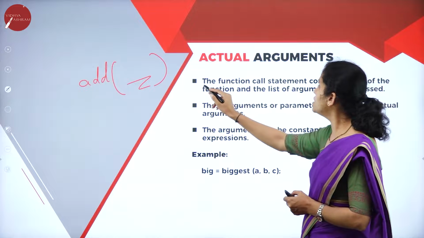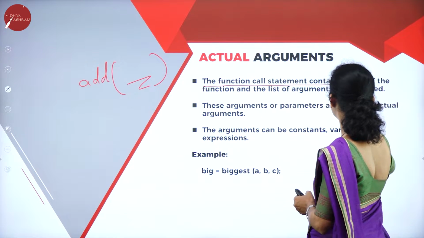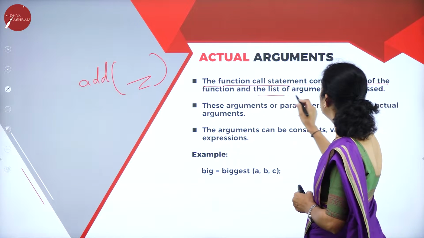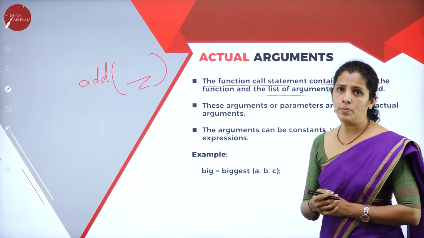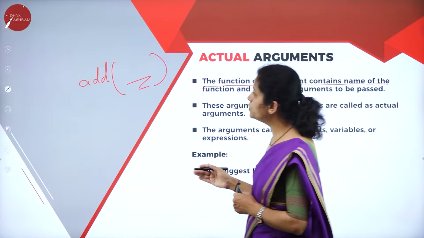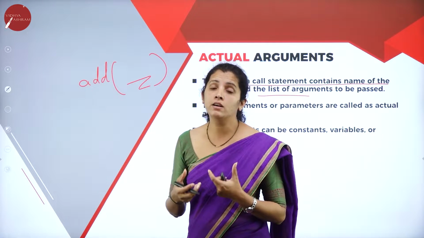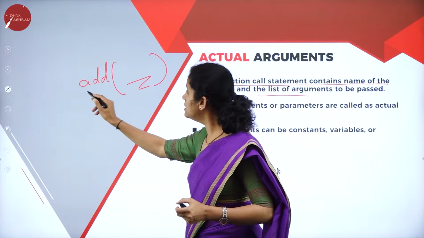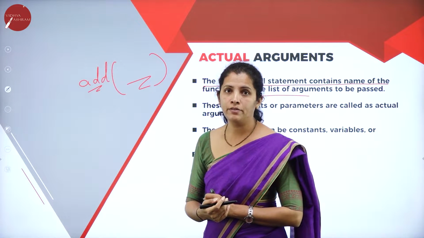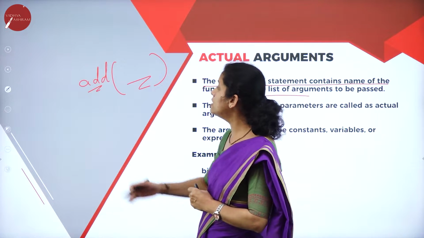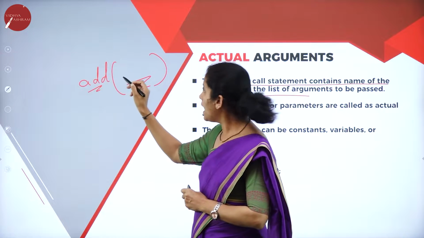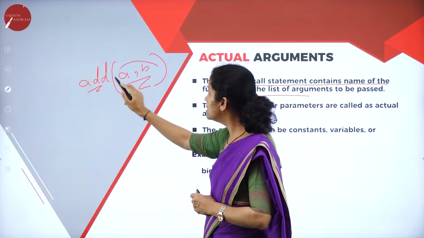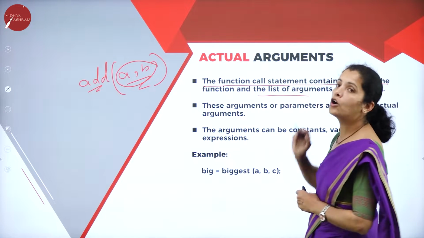The function call statement contains the name of the function and the list of arguments. How am I going to make a call with the help of a function? For example, this is a user-defined function. What is the name here? It is add. And if I pass A comma B, these are the actual arguments.